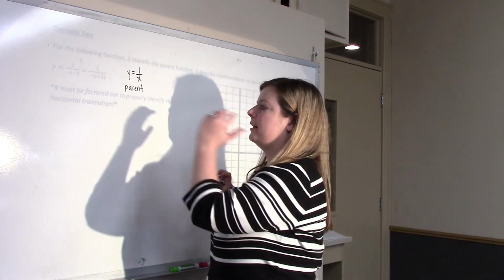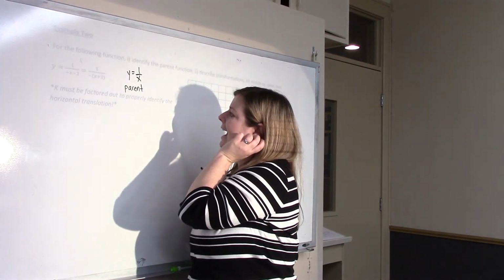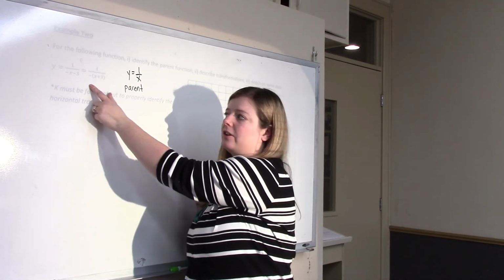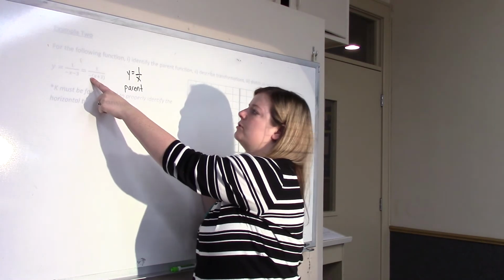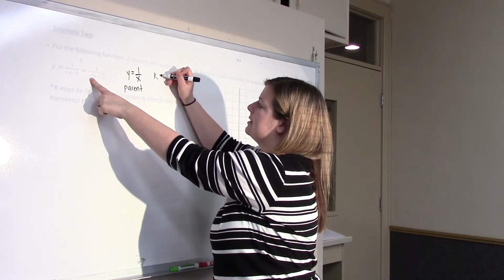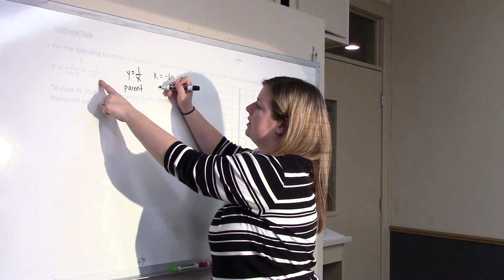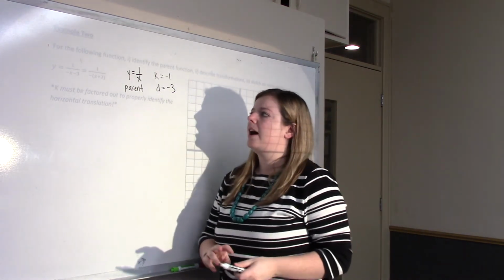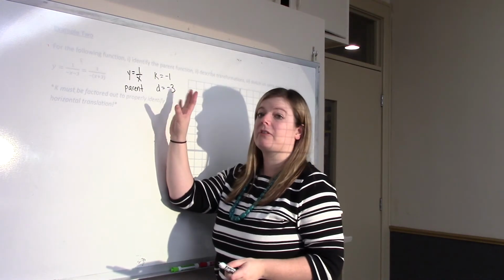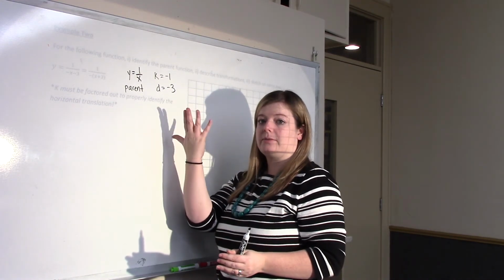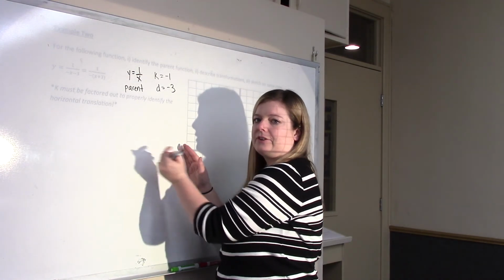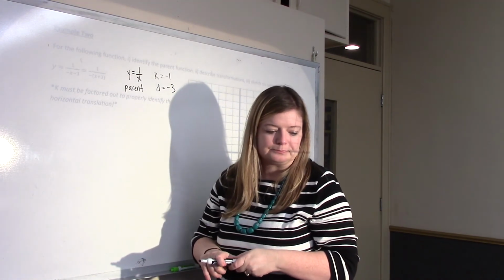And you'll notice here, I went from here to here because the k actually, and we'll talk more about this next lesson, but the k here has to be factored out to show the d properly. So your k value here is just -1, and your d value is -3. So this 1 over x is going to be reflected horizontally, so this way on the y-axis, and then moved to the left 3. That's what's going to happen here.